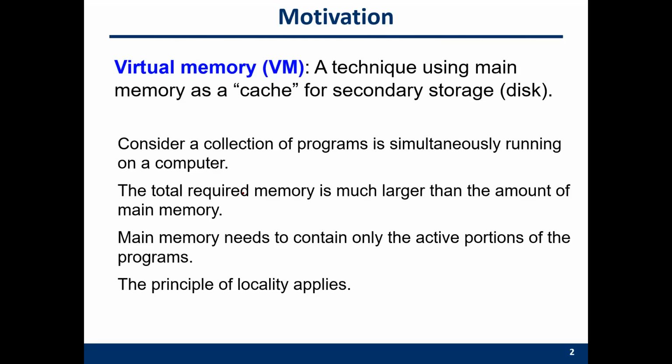You only need to keep the active part, not even the entire part of the active application. This is the so-called spatial locality and temporal locality. The so-called temporal locality means you only store the active application.